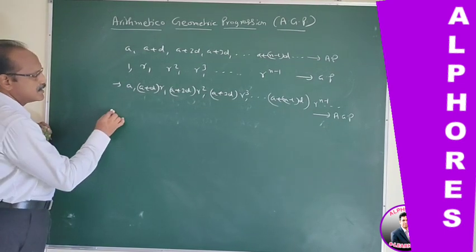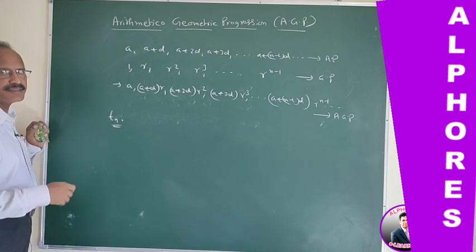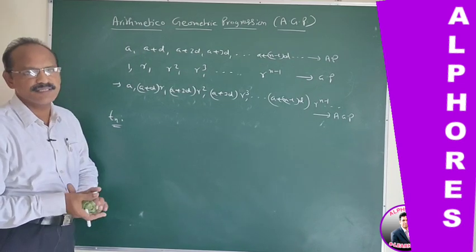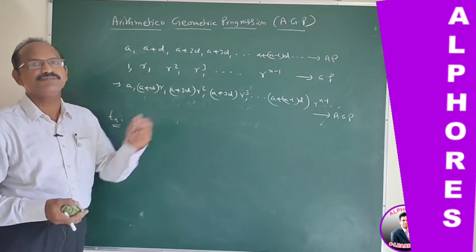Okay. Next, the nth term of an AGP series is nothing but the product of the nth term of the AP as well as the GP.